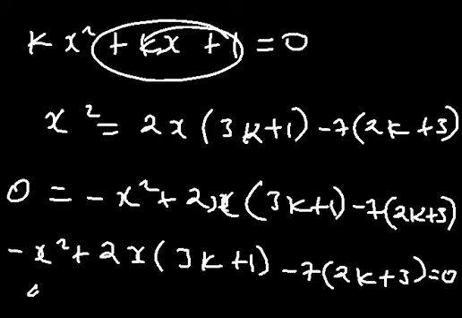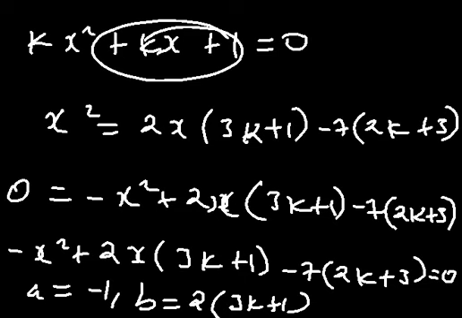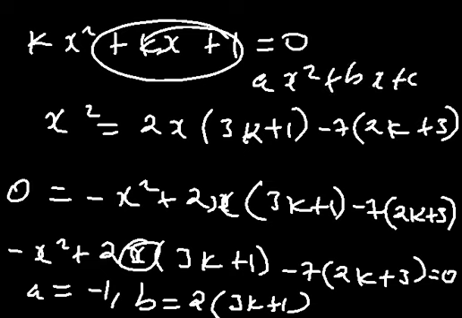As you can see, a is negative 1. And what is b? b is given as 2 times 3k plus 1, because we are following the general form of the quadratic equation, which is ax squared plus bx plus c. So the value of b is given as the whole of 2 times that one. So keep that in mind.